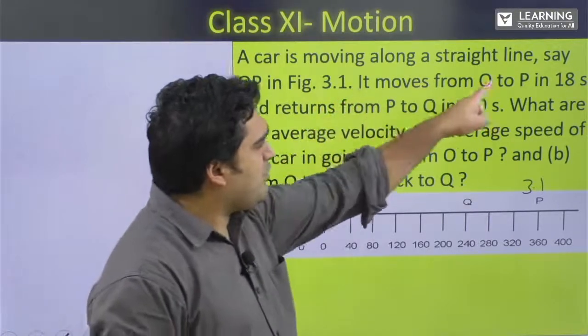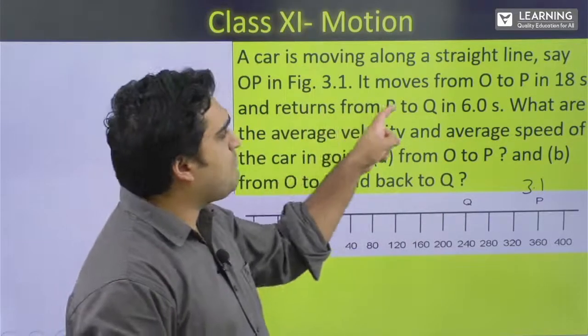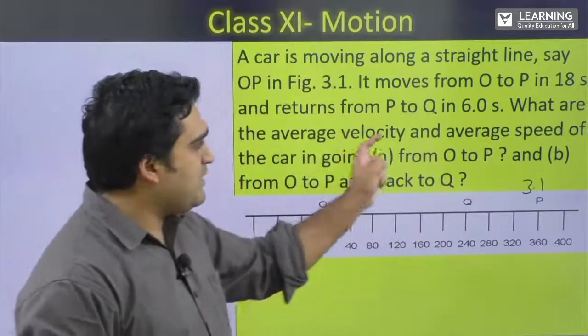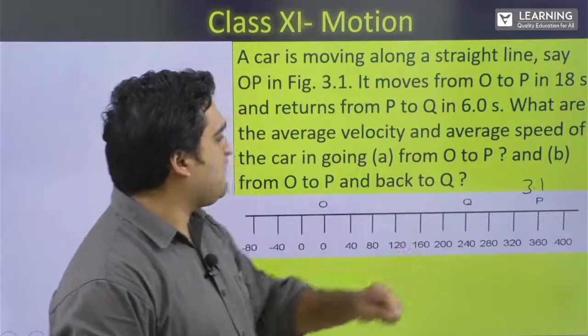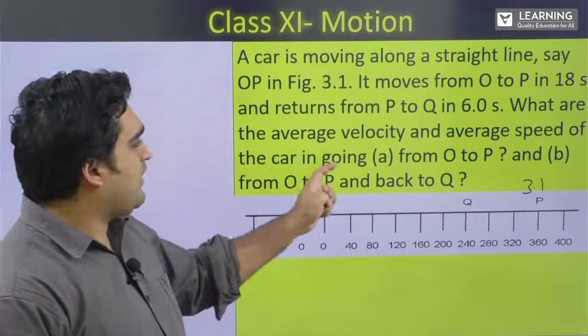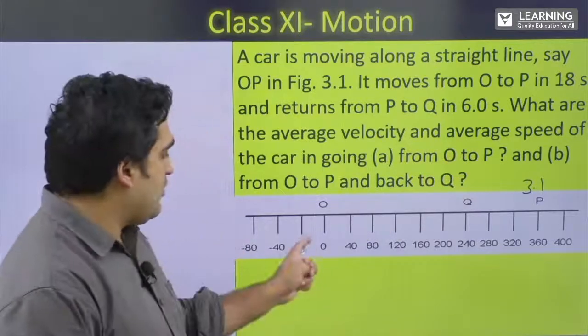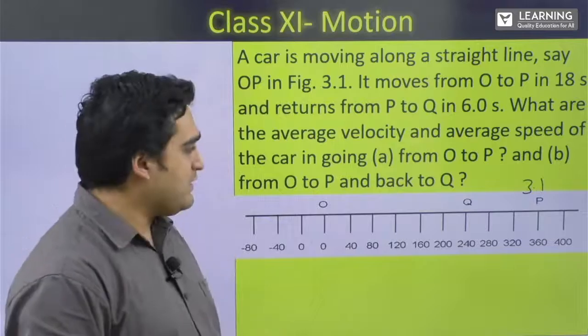It moves from O to P in 18 seconds and returns from P to Q in 6 seconds. What are the average speed and average velocity of the car in going from O to P? That's the first case.